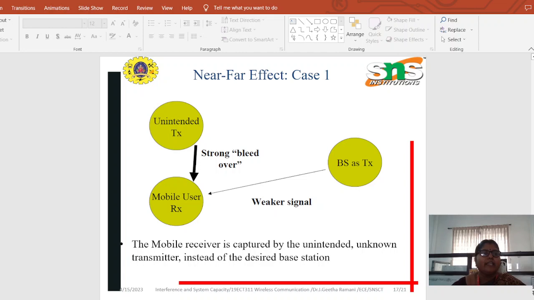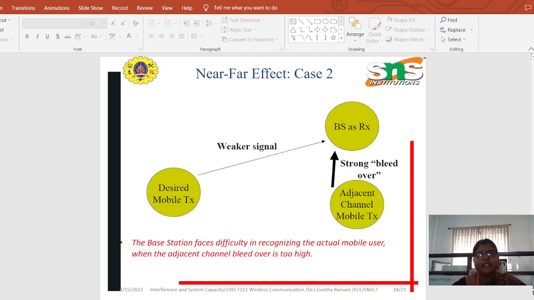So in this case the mobile receiver is captured by the unintended one, because it provides a stronger signal and the mobile user doesn't know which is the intended one. Based on the signal quality, it is attracted towards the unintended. So this effect is called the near far effect. This is case 1.